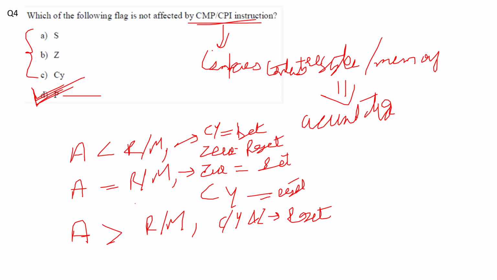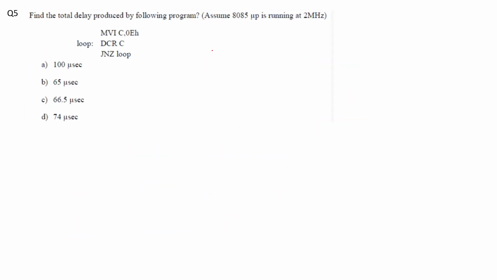If A is less than register or memory, carry flag is set, zero flag is reset. A equal to register or memory, zero flag set, carry flag reset. A greater than register or memory, carry flag and zero flag reset. When memory is operand, its address is specified by HL pair. No contents are modified. However, all remaining flags are affected according to the result of subtraction. So this flag is not affected by the CMP instruction.